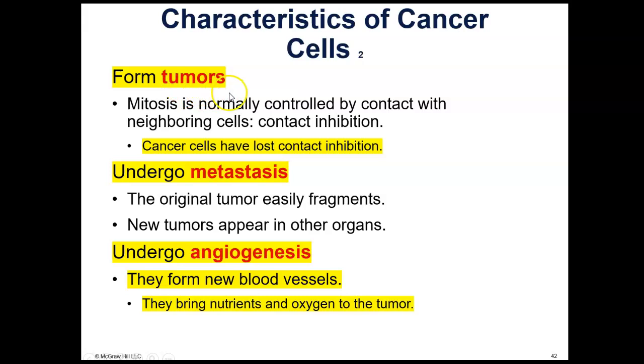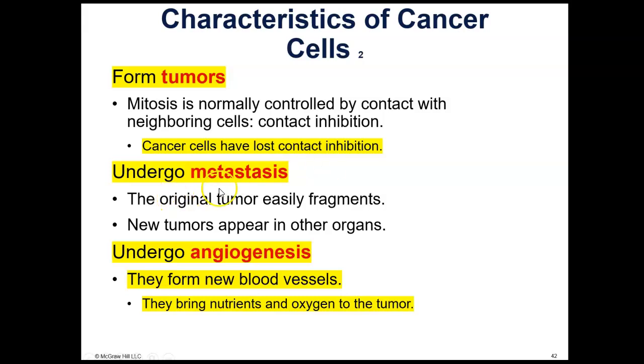So the way that tumors form is the fact that cancer cells have lost this property called contact inhibition. Normally, when you have tissues forming, cells grow, and then when they start to contact each other, they stop dividing. That's contact inhibition. But cancerous cells have lost that. So even though they're in contact with other cells like themselves, they still continue to grow.